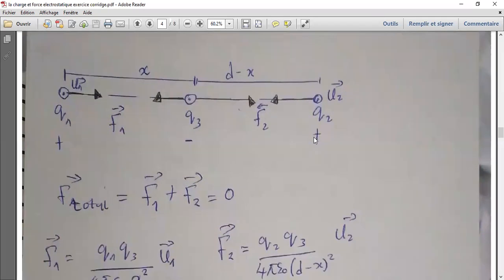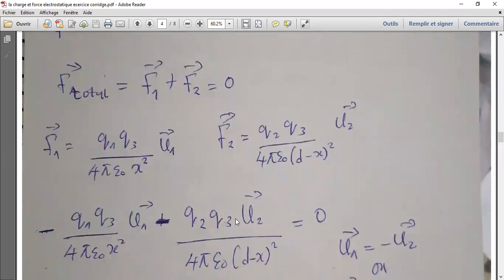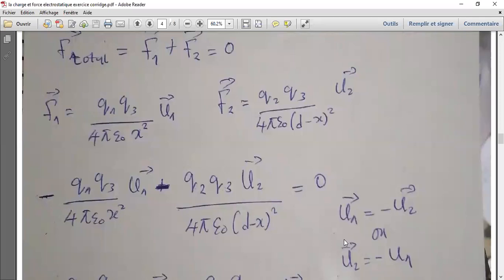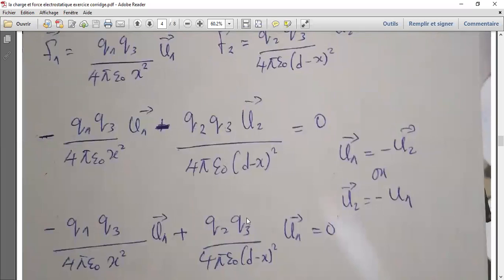So I use U2 is equal to negative U1, and where there's U2 I replace it with negative U1. Negative times negative gives positive, then I have Q2 Q3 divided by 4 pi epsilon 0 (d minus x) squared U1.